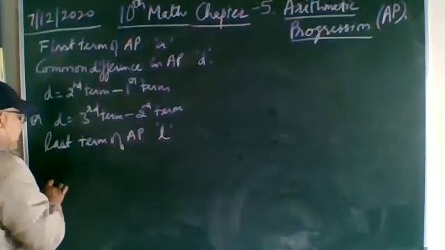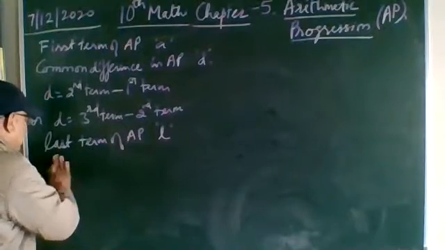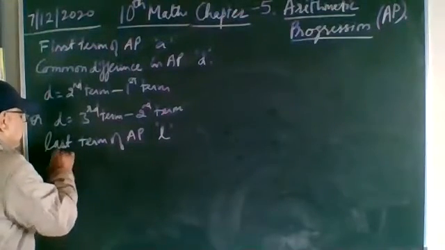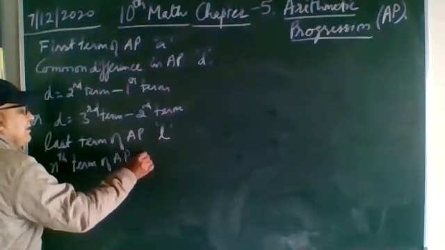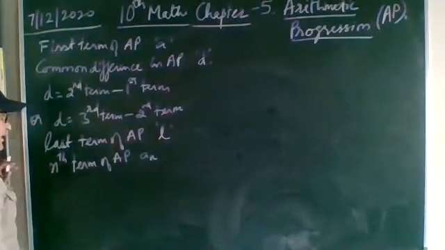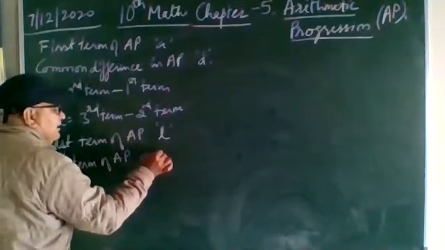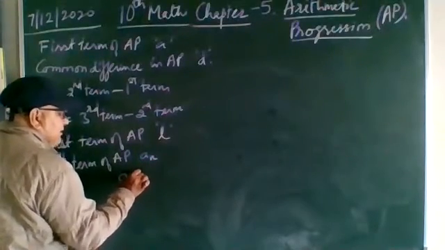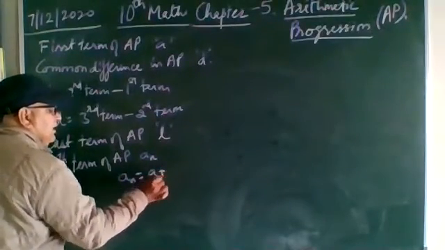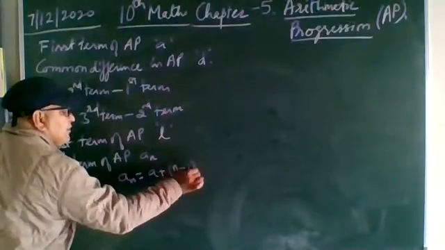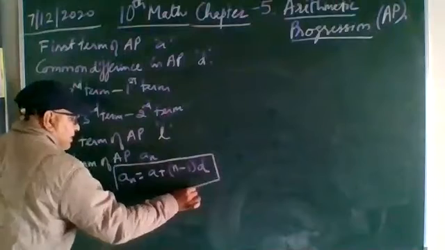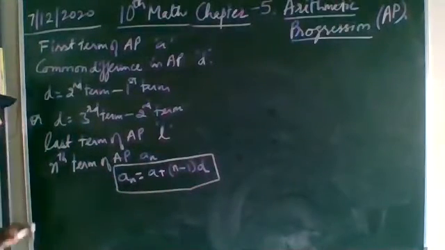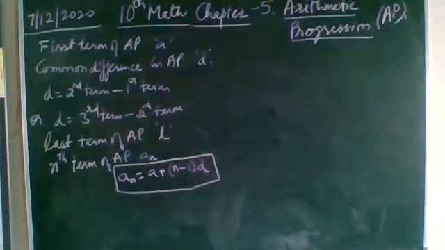And the general term, or nth term of AP, is a_n, and a_n can be calculated as a plus (n minus 1) into d. This is the formula for the nth term of AP, a_n. The last term of AP is l.